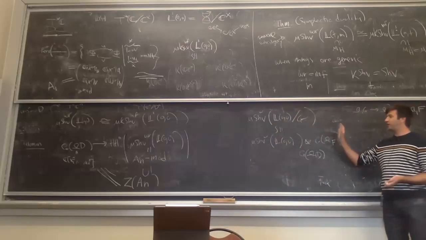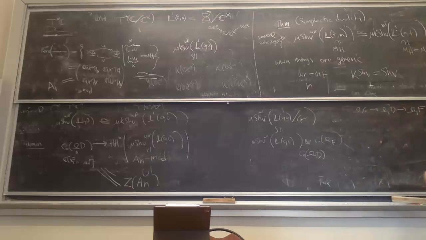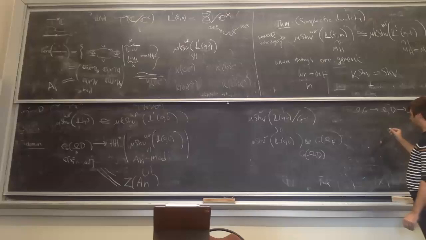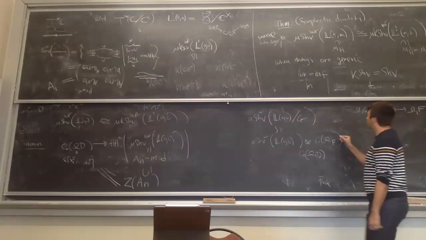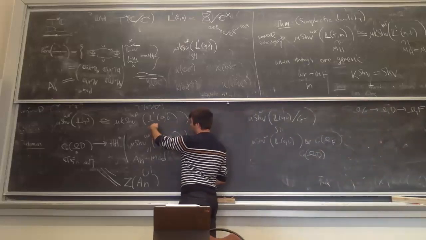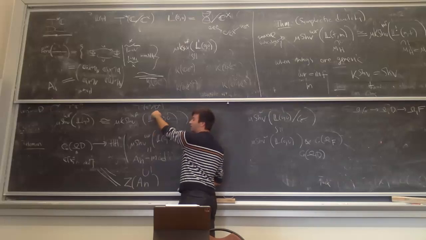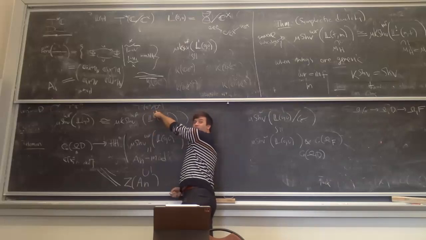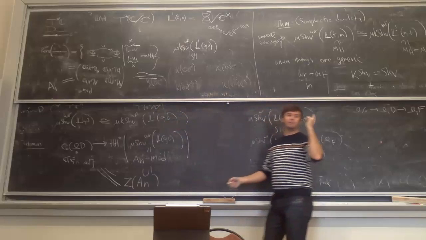Okay, but then the crazy thing is the following. Now I can look at what happened on the Langlands dual, on the 3D mirror side. It turns out that what this does is it just unquotients this D to being just a quotient by F check.